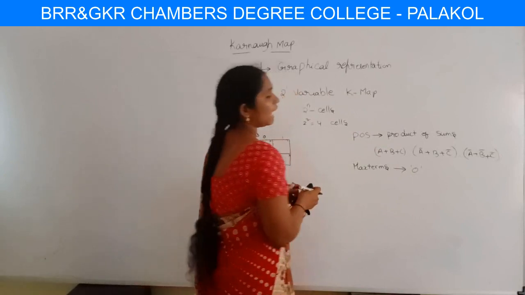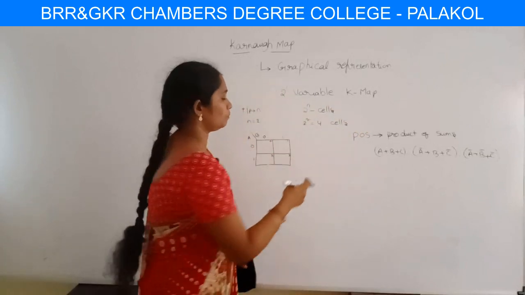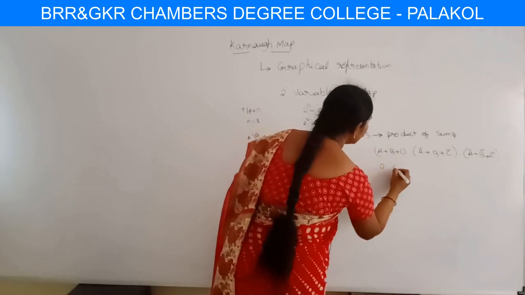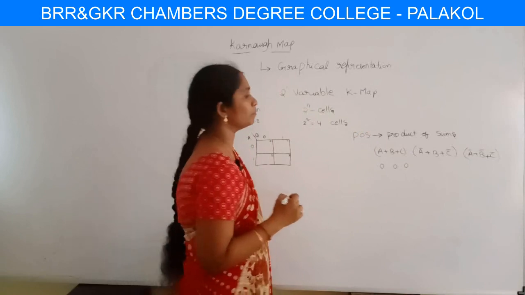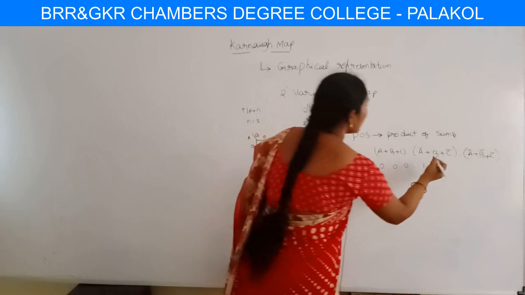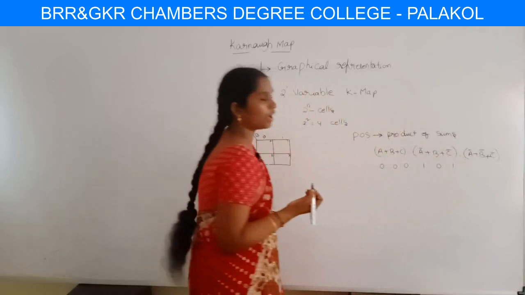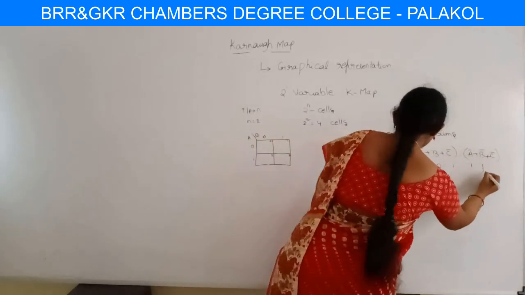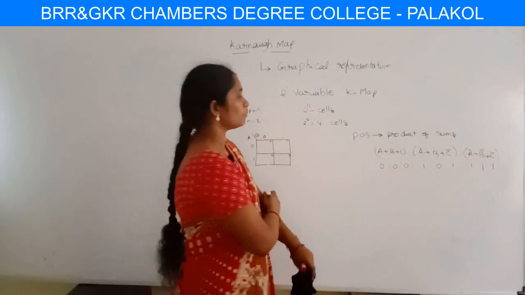Another important point is that in POS form, we have to write A is 0 and B is 0 and C is 0. Therefore the bar is represented with 1 and the unbarred variable is represented with 0.